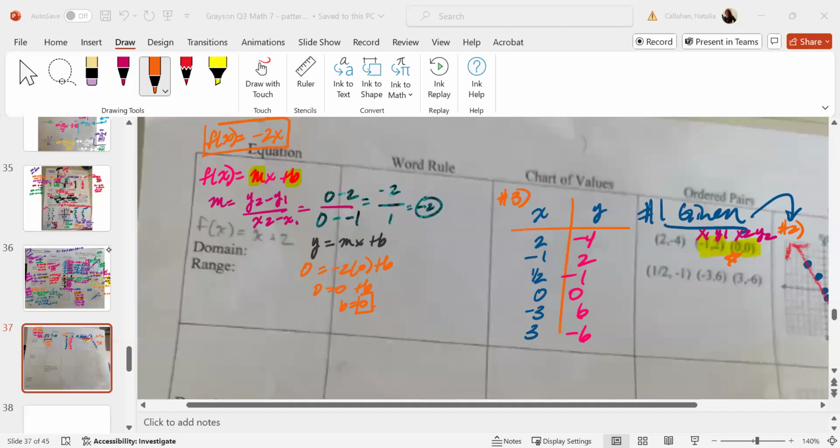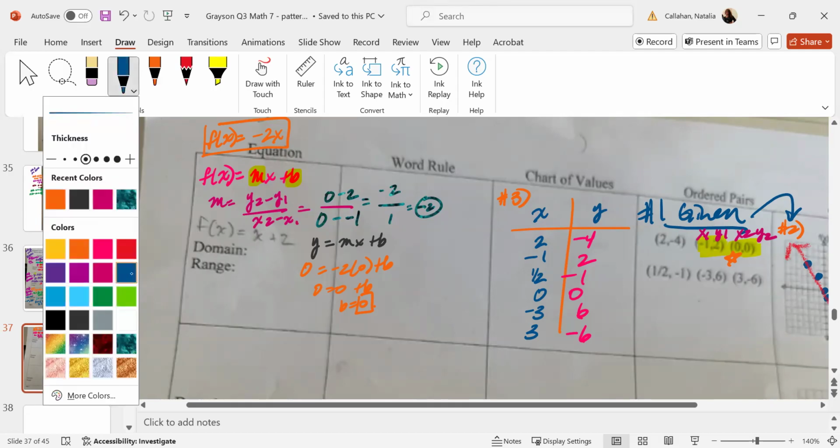Well, f of x equals negative 2x plus 0. You don't have to put the 0 there. Negative 2x is fine. Now that we're done with this, you can go to the word rule. How would you phrase this?